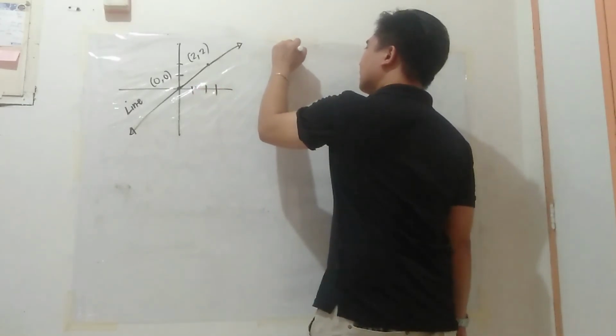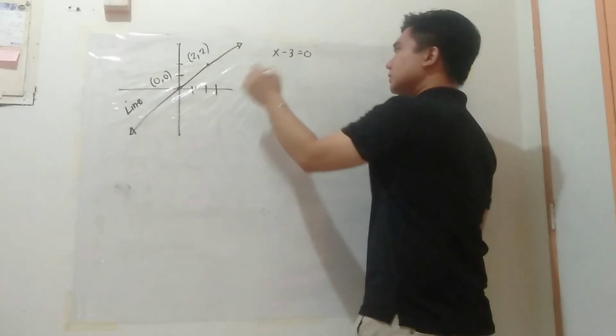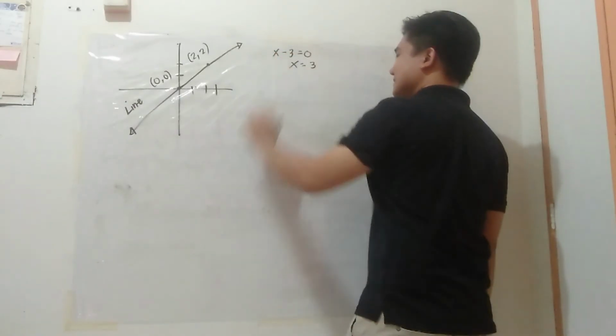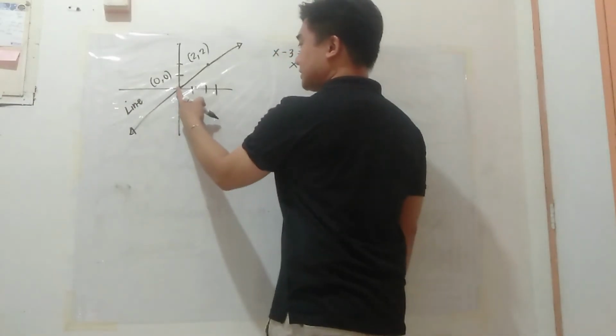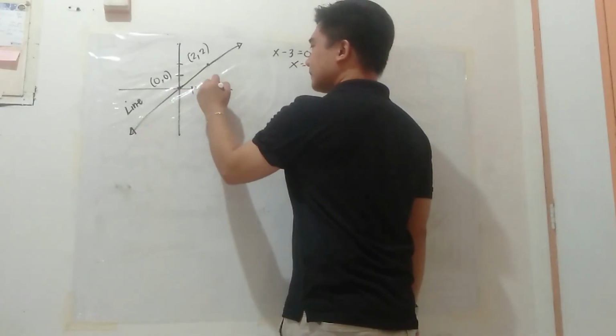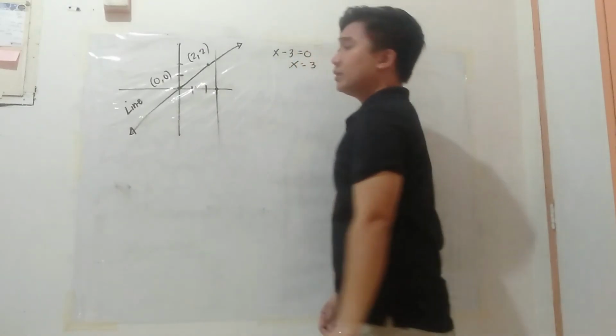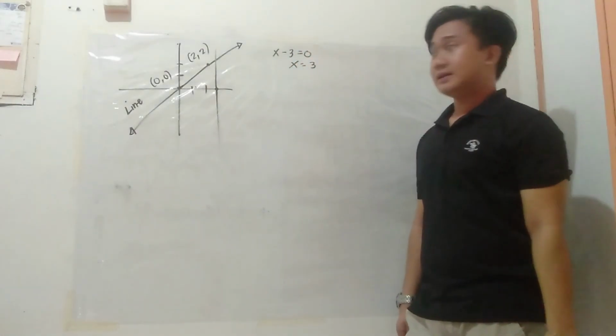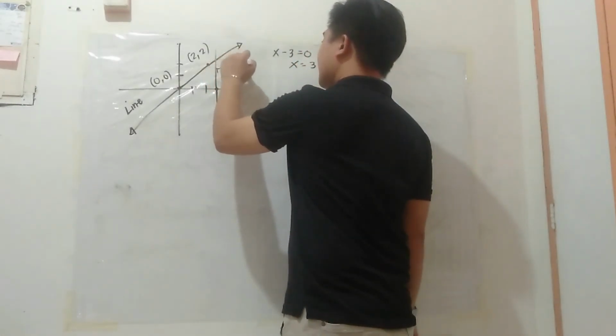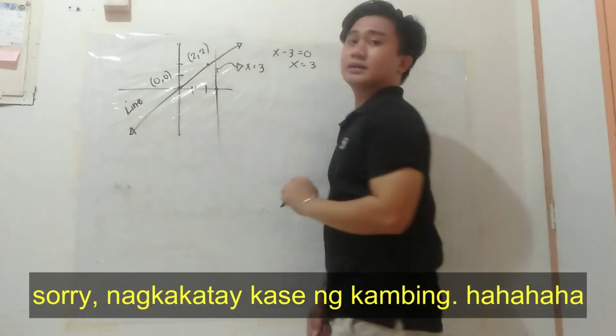Binigyan tayong x minus 3 equals 0. Di ba yan ay equals lang sa x equals to 3. So, 0, 1, 2, 3. Ang graph ng x equals 3 ay isa lang pong vertical line. Okay? So, this is x equals 3.